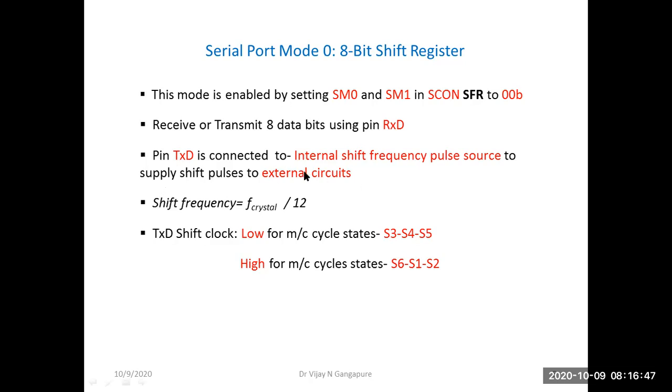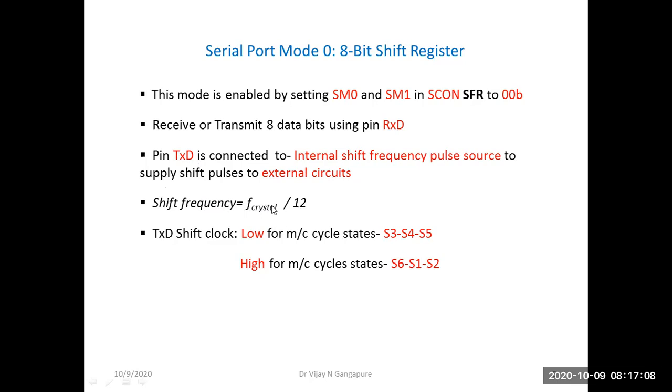So this shift frequency, that is the rate at which the data bits will be shifted on RxD pin, is equal to F crystal divided by 12, means whatever crystal oscillator we connect to 8051, divided by 12.